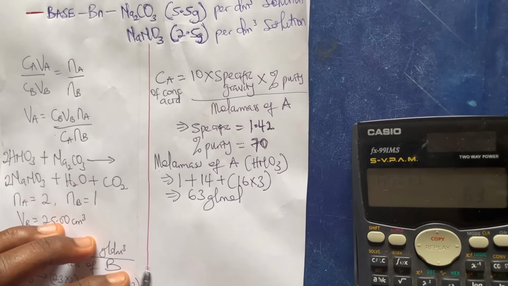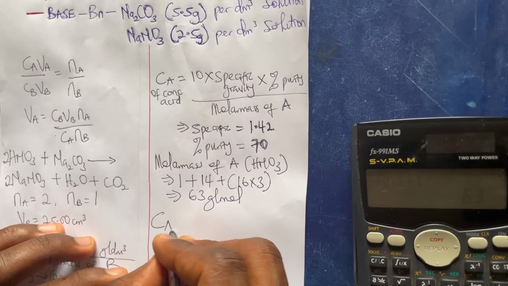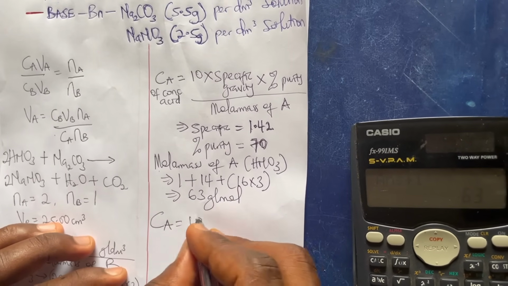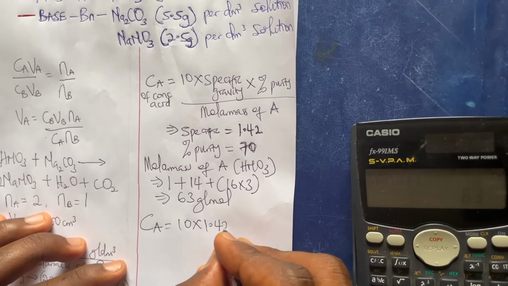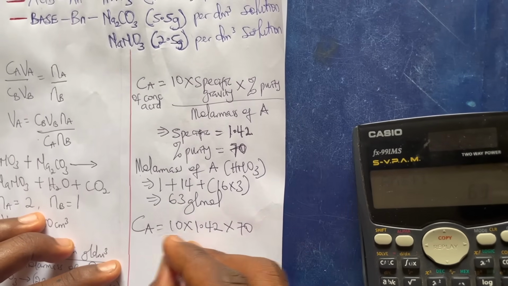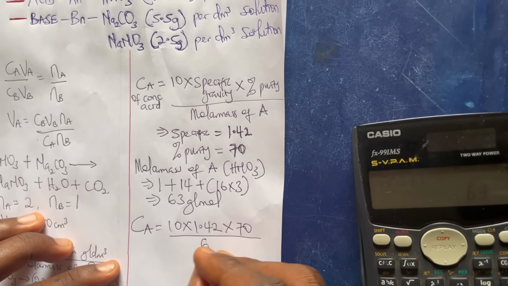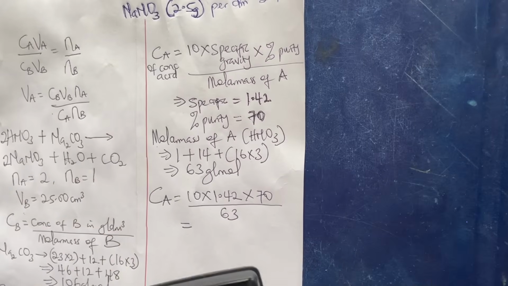Now let me insert everything into this formula. The CA of the conc acid is now 10 times specific gravity 1.42, percentage purity 70, all over 63. So that will give what? Let me press the calculator here.